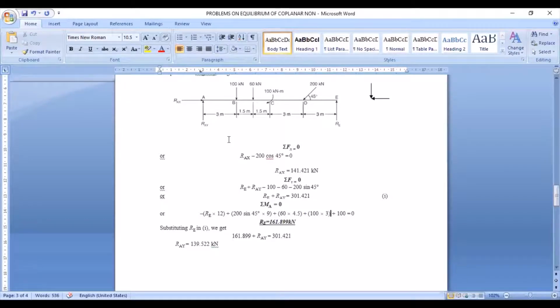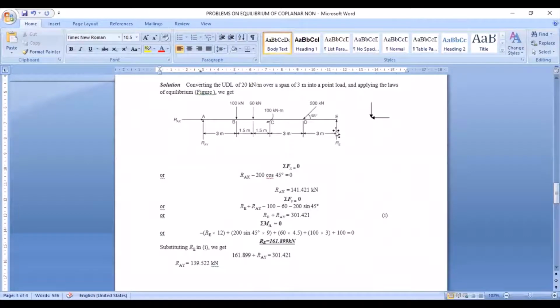Now let us start with the first one, that is RE. We are calculating the moment, mind you. We assume that clockwise moment is taken with the positive sign, whereas anti-clockwise moment is taken with the negative sign. So RE, what type of force is this? It is a vertical force, so the distance to be multiplied is horizontal. At what horizontal distance is RE acting from point A?